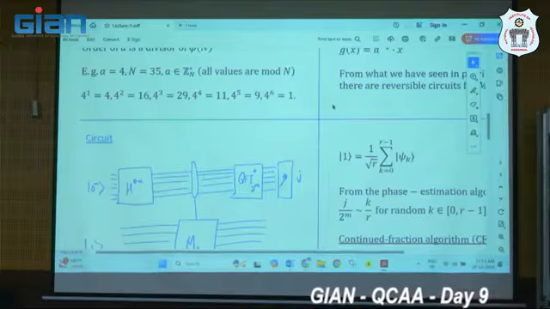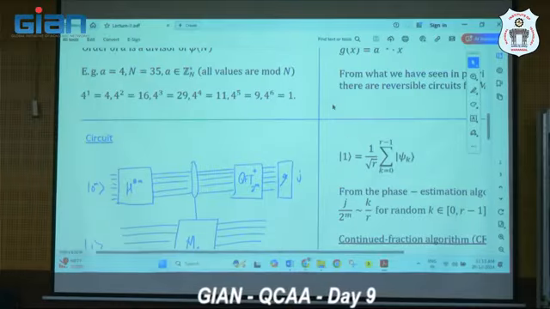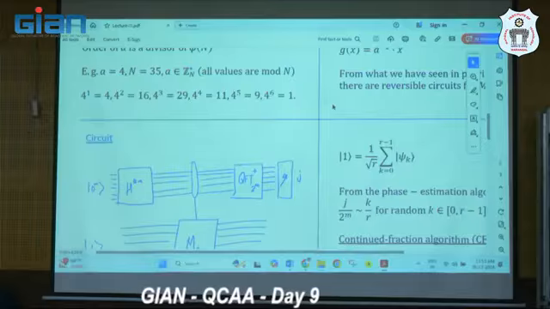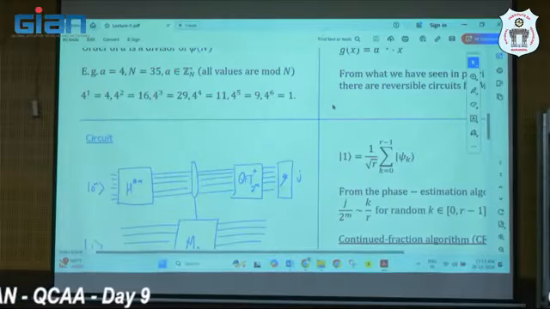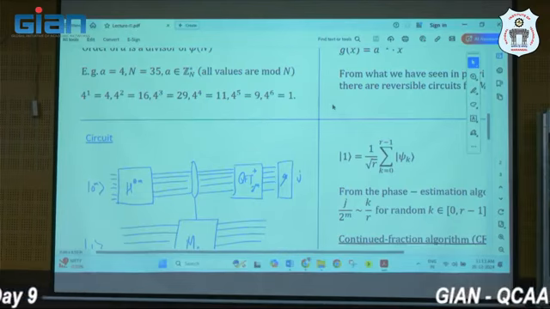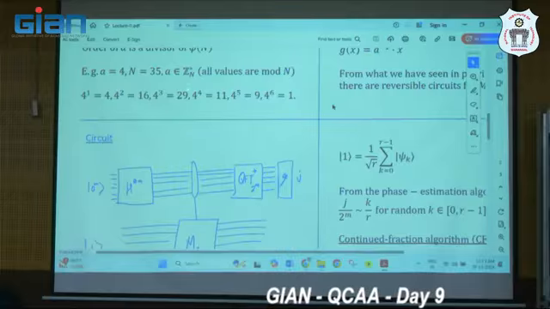What is the GCD? 4 and 35. GCD is 1. 4 to the power 1 is, 4 to the power 2 is, 4 to the power 3 is 64. What is mod 35? 29. Correct?